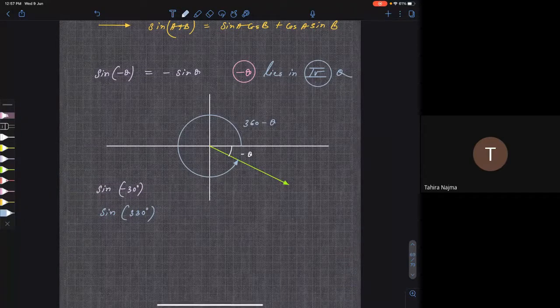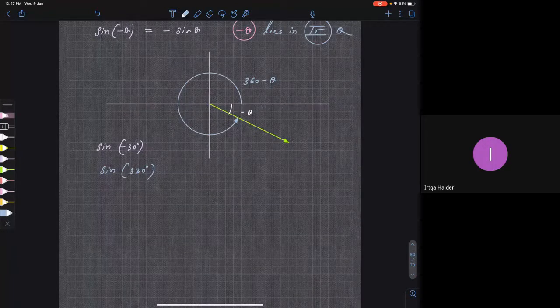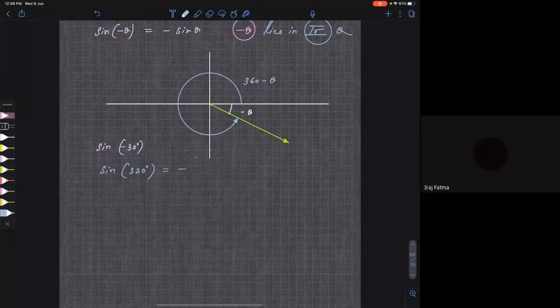You are getting my point? So what is sine of 330? Minus 1 by 2.